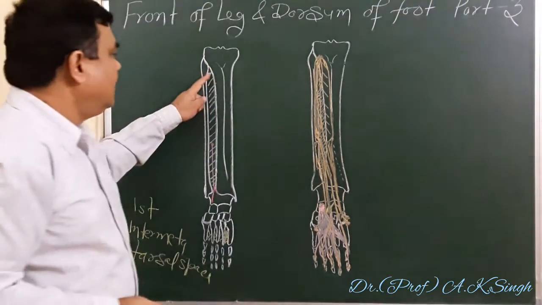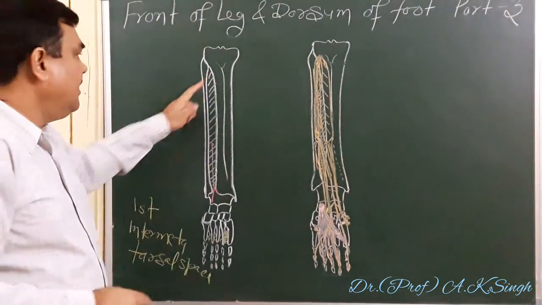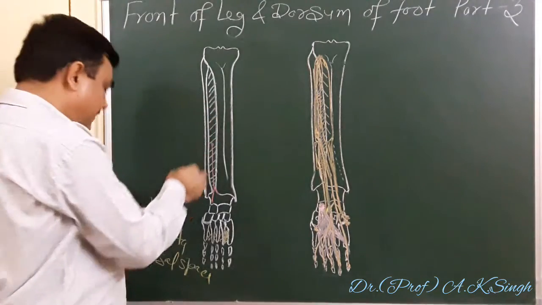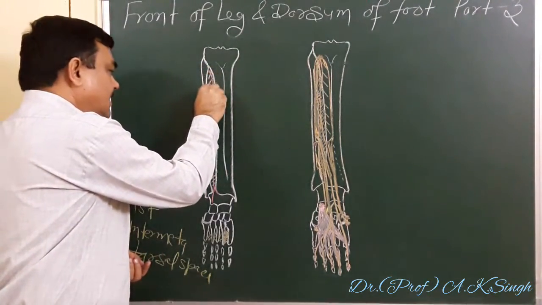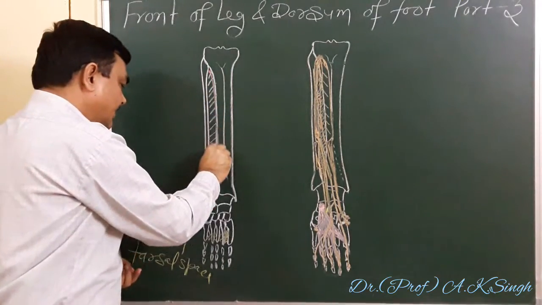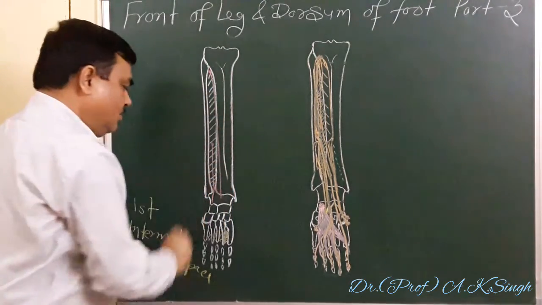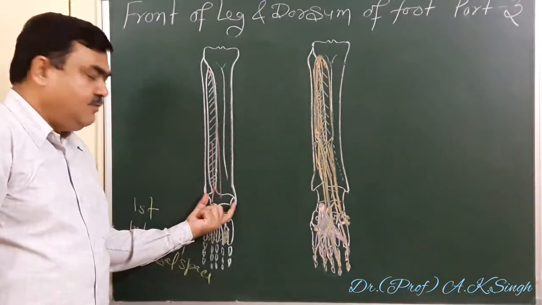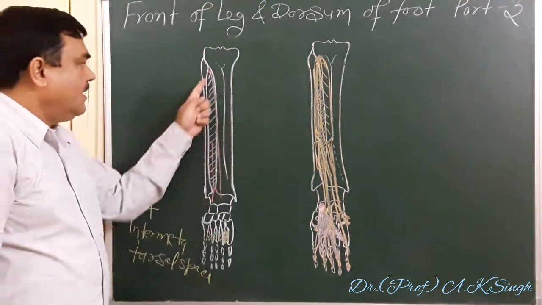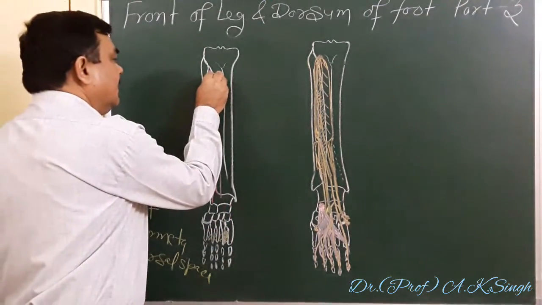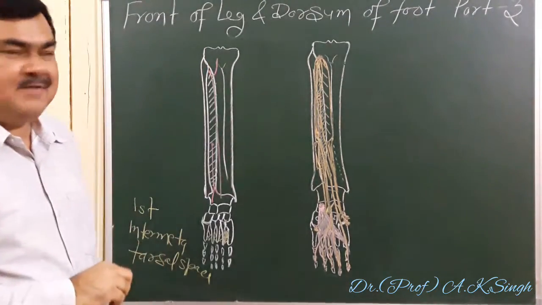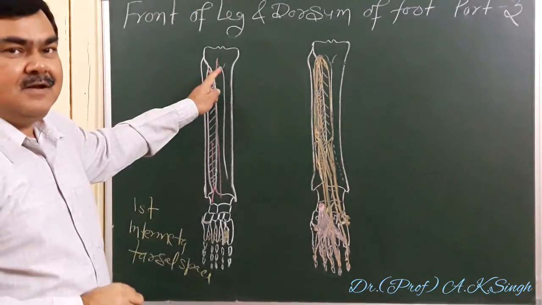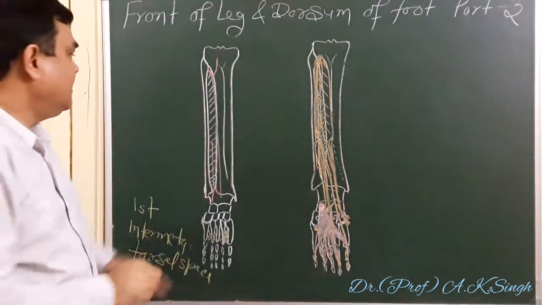It turns forward and pierces interosseous membrane superiorly here, and it passes downward up to midpoint between two malleoli. Here it gives anterior tibial recurrent branch.